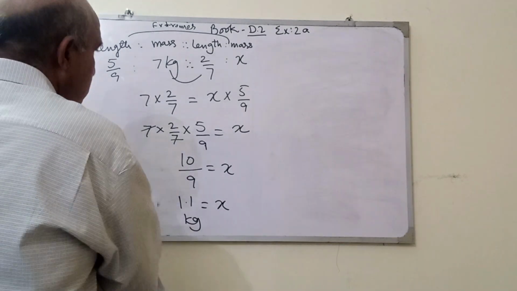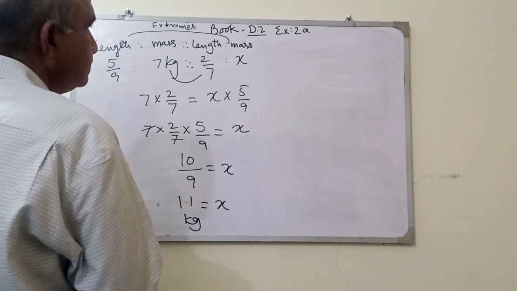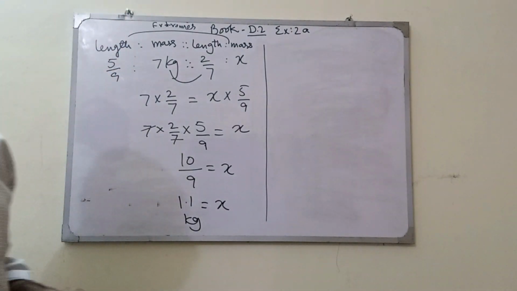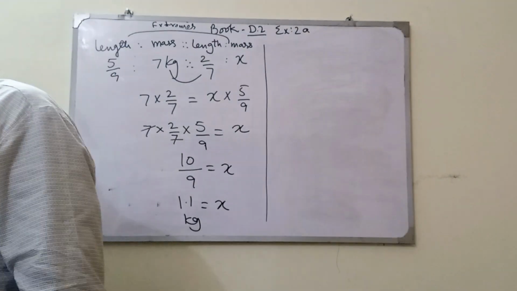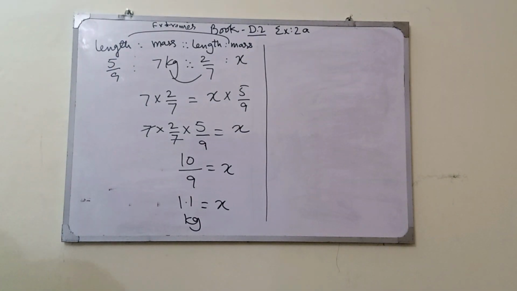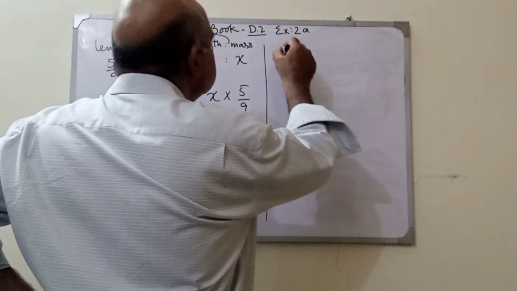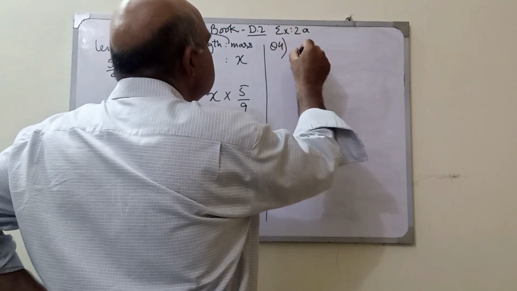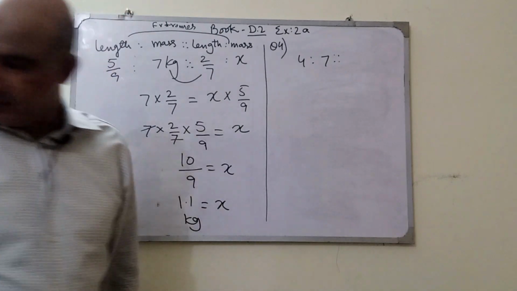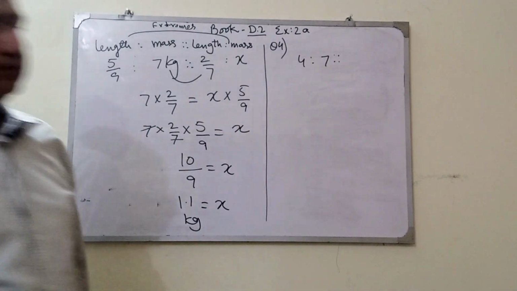Yes, friends. Now I'm going to solve the next question. Here, these are not word problems, these are simple questions. I'm going to solve only one or two for you. 4/7 is equal to 5/x.